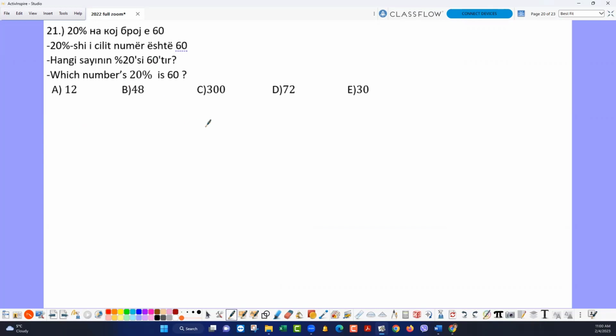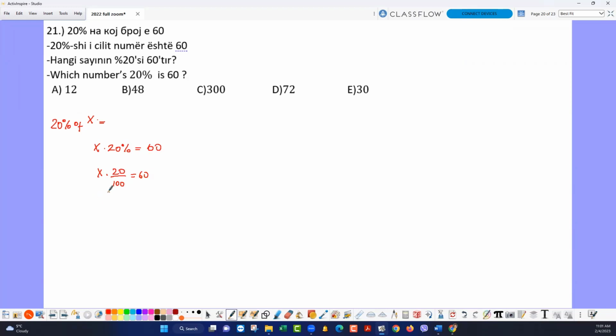Here, we are going to look for the number whose 20% is 60. Let the number be x. The 20% of it is 60. So 20% of x is equal to 60, which means x times 20 over 100 is equal to 60.